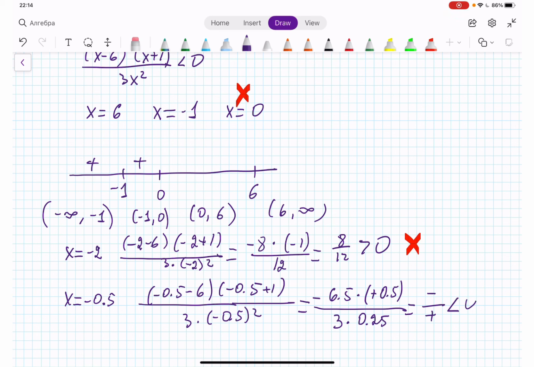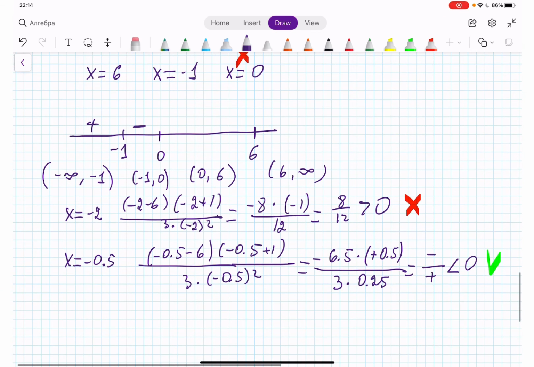So result is negative, and it's going to fit the requirement of the inequality. So this is going to be negative. And lastly, I'm going to check between 0 and 6.